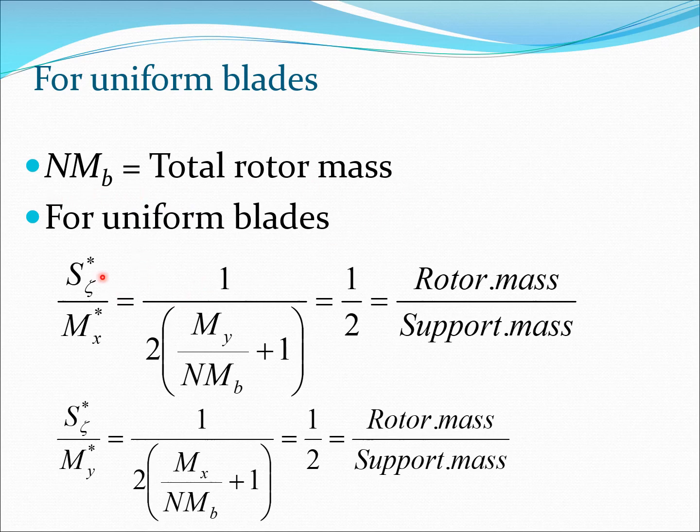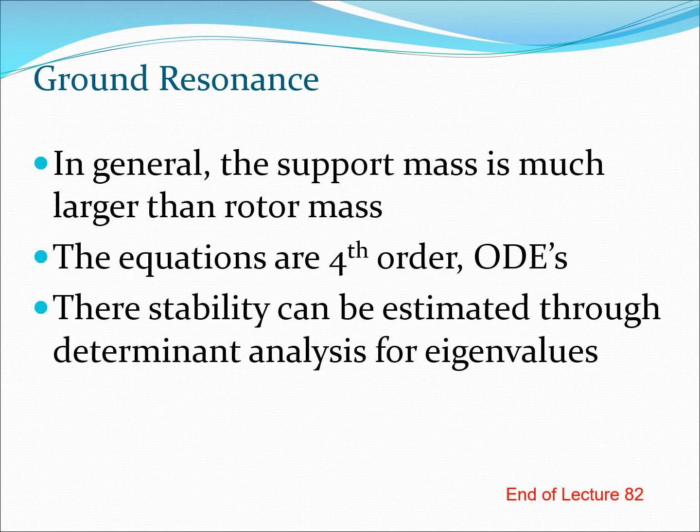So for uniform blades, the two terms which are present in that mass matrix, S zeta star by mx star and S zeta star by my star, essentially become half, and these are like rotor mass by support mass. So again, for uniform blade, all these terms become substantially simple. So in general, the support mass is much larger than the rotor mass.